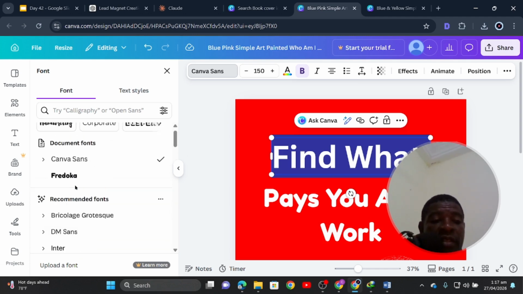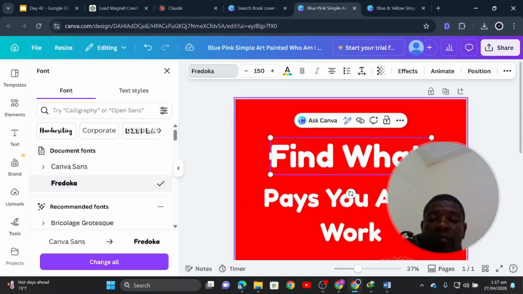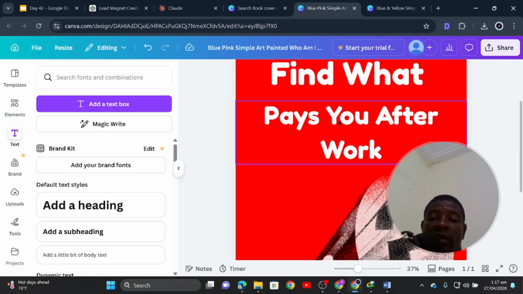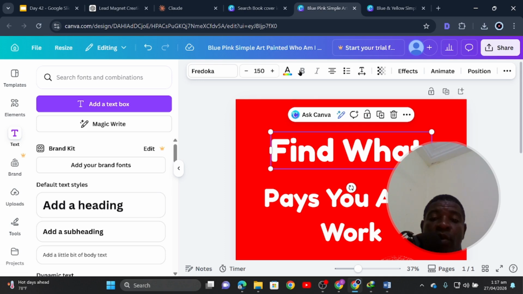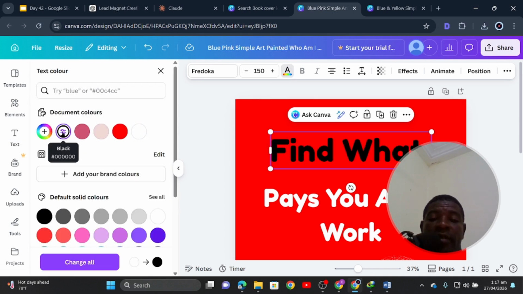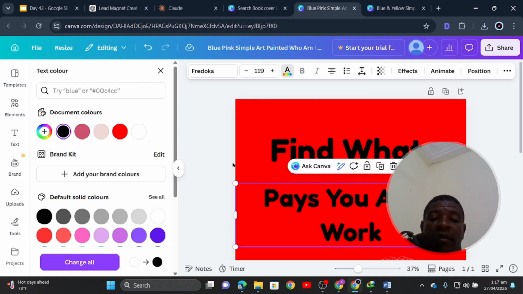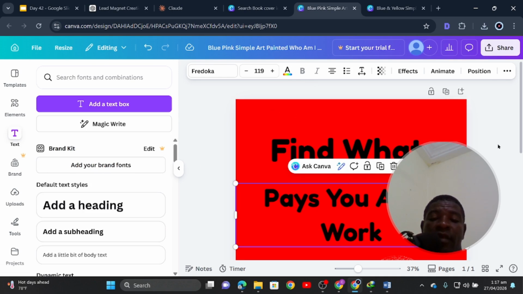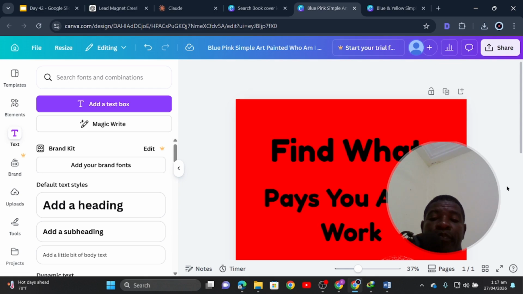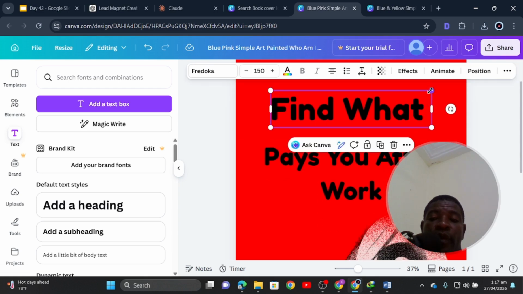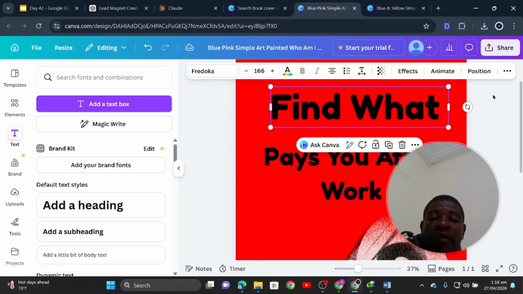Let me just use this. Okay, and then should this be, if this should be this color, I think it's good.